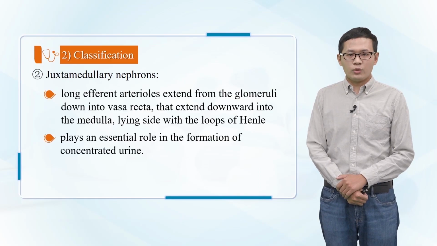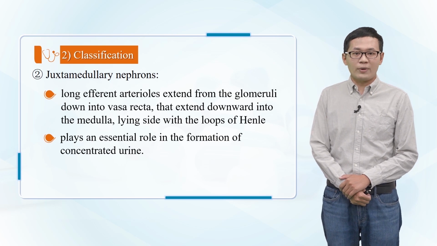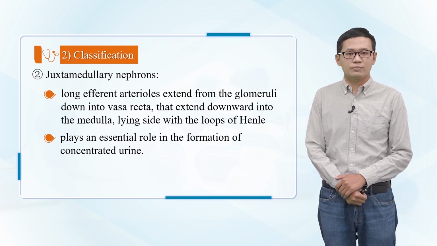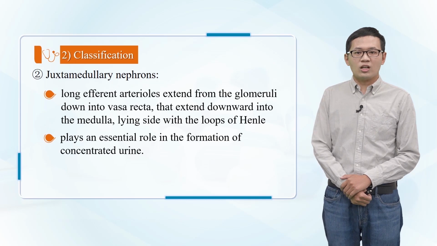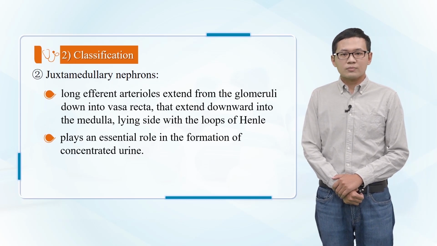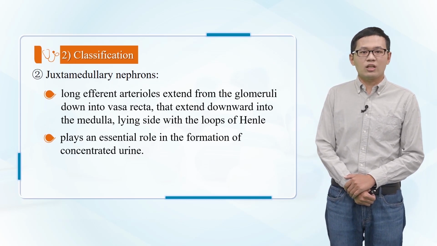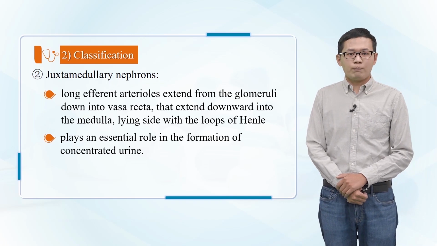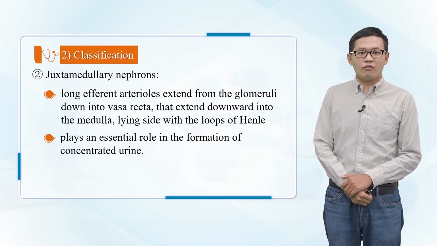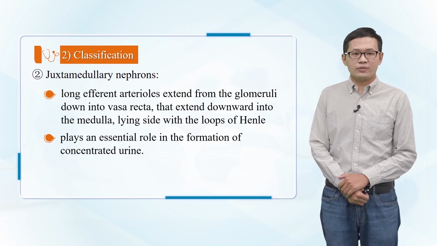Long efferent arterioles extend from the glomeruli down into the vasa recta that extend downward into the medulla, lying inside of the loops of Henle. They play an essential role in the formation of concentrated urine.